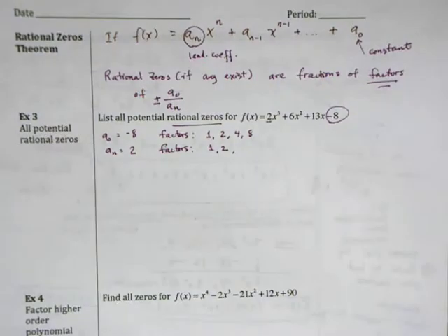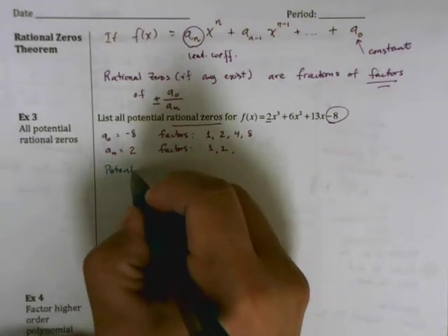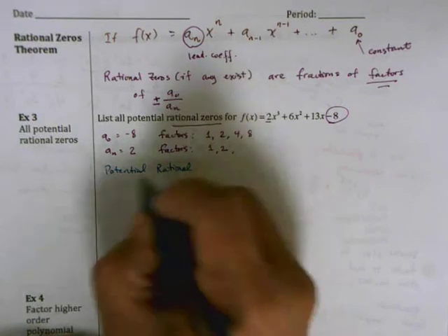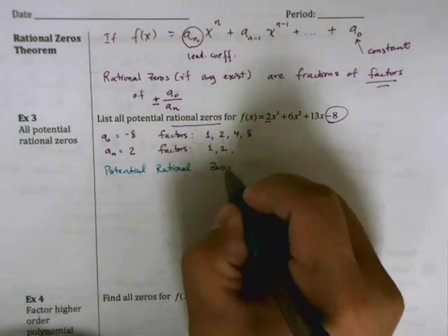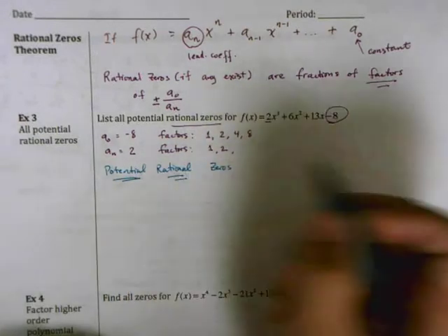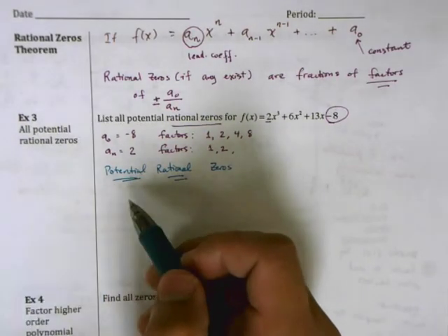Okay. And so the potential rational zeros, and the key words here are potential and rational. Potential means that it may or may not be. So it could be, but it also could not be.